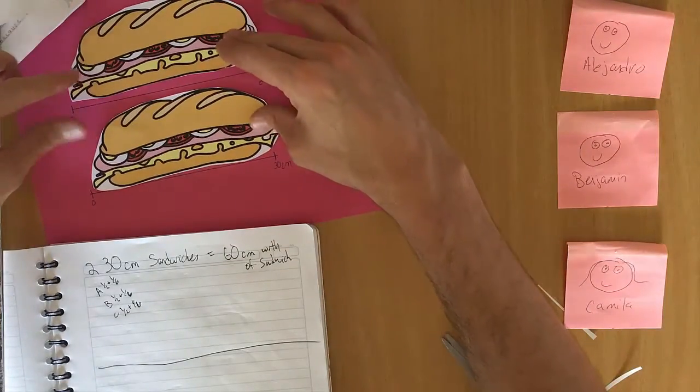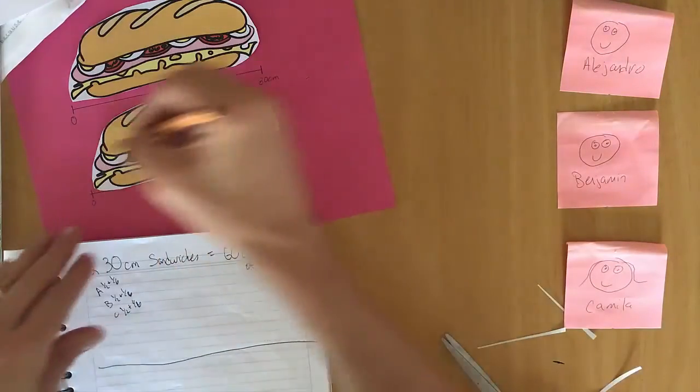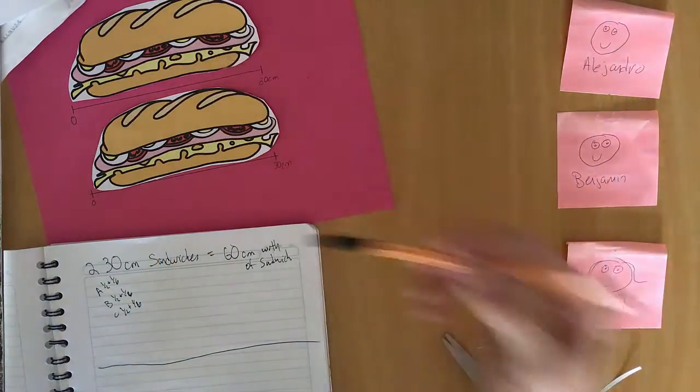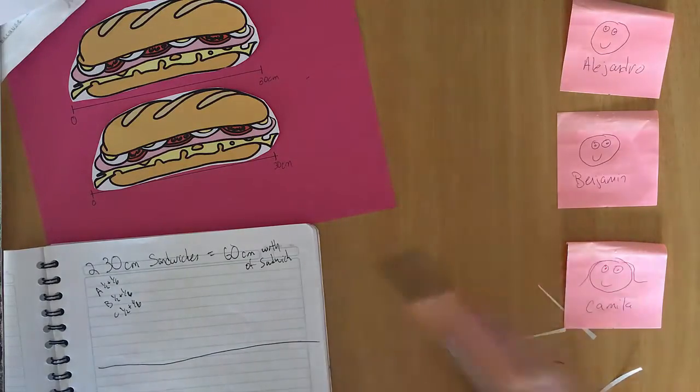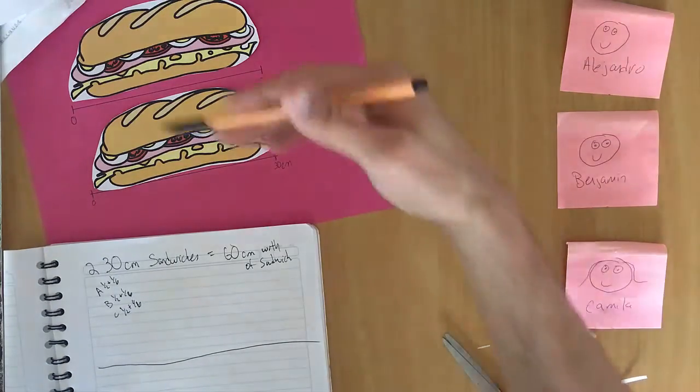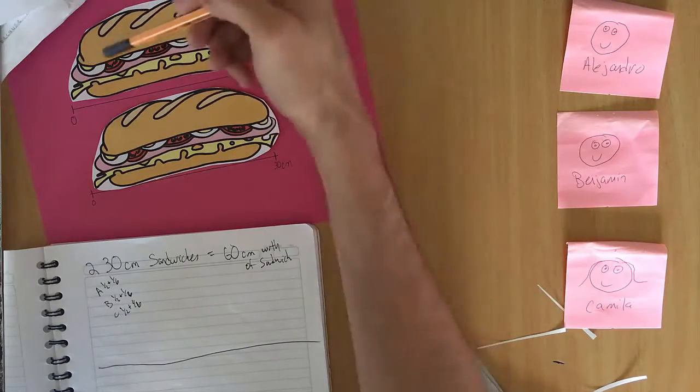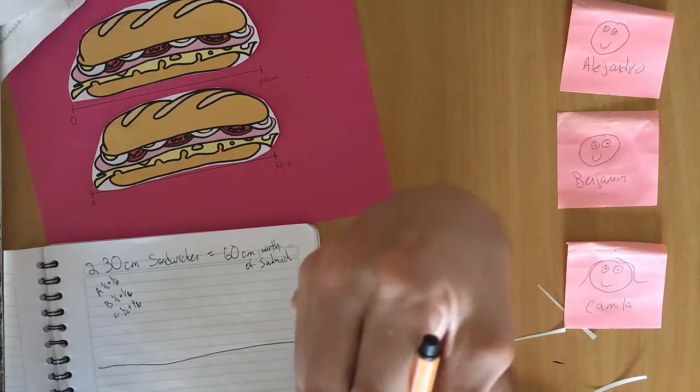Here I have my two sandwiches. They're both 30 centimeters across. I need to split them with 3 people. So right off the bat, if I'm going to split it with 3 people, it makes a lot of sense to me to cut this into 3 equal pieces.